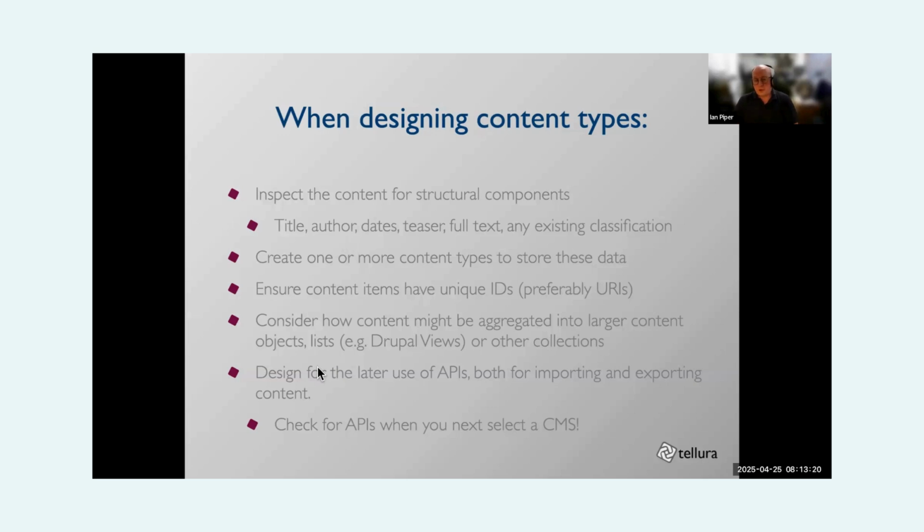With all of the components of a content graph that I'm going to talk about today, URIs are really important. Unique identifiers are really important, and they should be URIs because all of this stuff uses the web one way or another. When you're building a content type, it's worth looking at how you can aggregate the individual items in a content type together to make larger content types or collections of content.